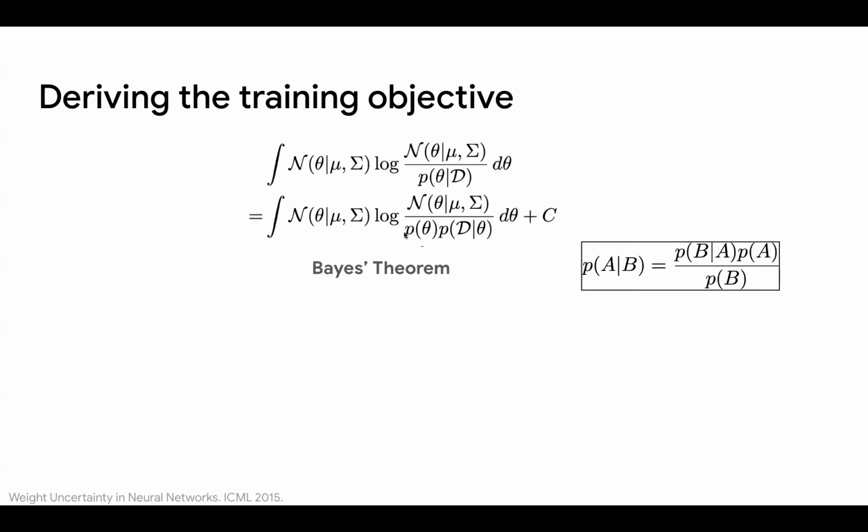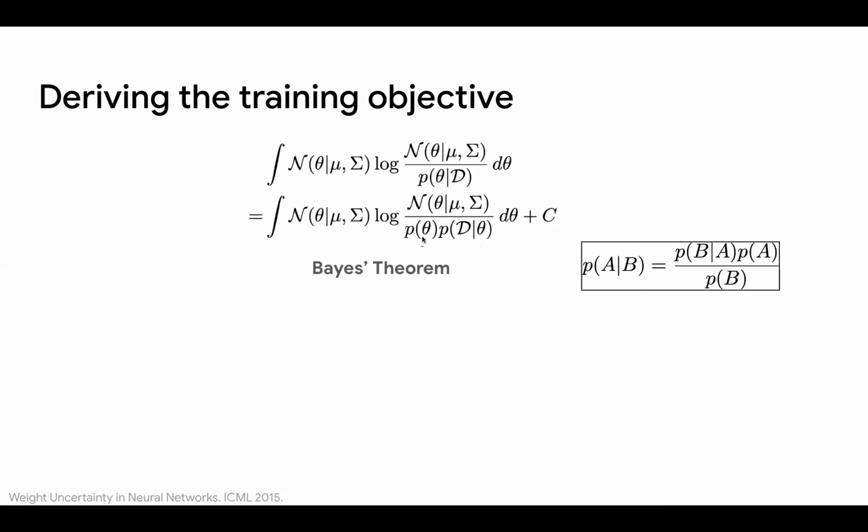And after this line, we right away apply Bayes' theorem on this posterior P of theta given D. If you remember Bayes' theorem, what it says is you can swap A and B, but then you have to multiply the priors at the right positions. So in this case, P of theta given D is P of D given theta times P of theta over P of D. And then it's reciprocated here.